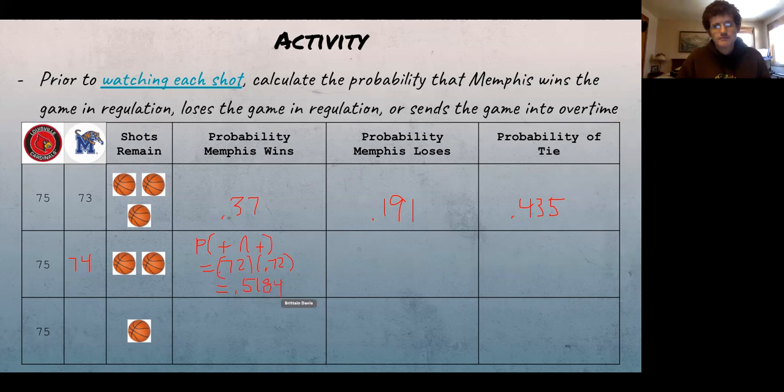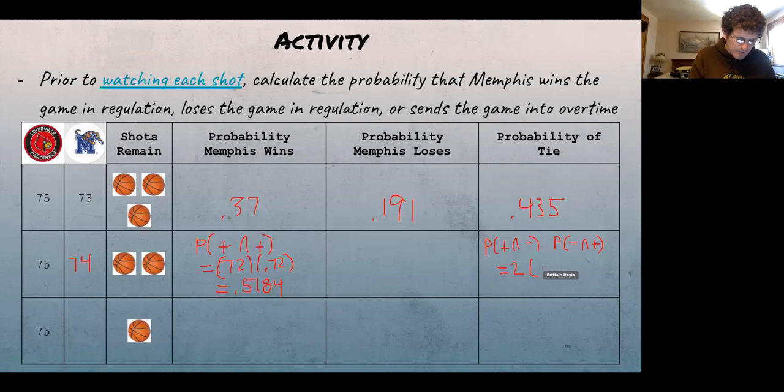This is pretty good. The probability of a tie is if he only makes one. So he could make the first one and miss the second, or he could miss the first and make the second. So this is the same as 2 times, because there's 2 different outcomes here.